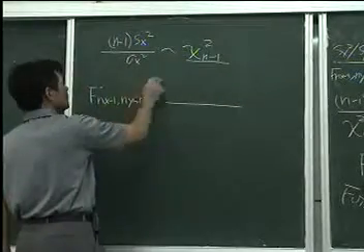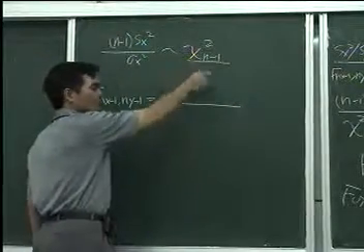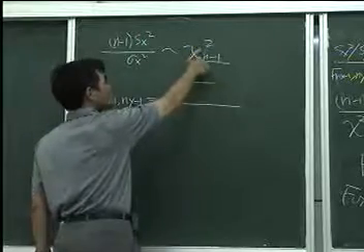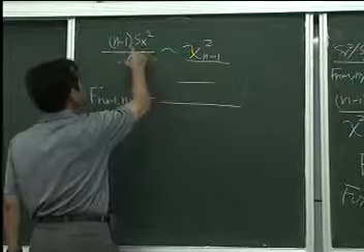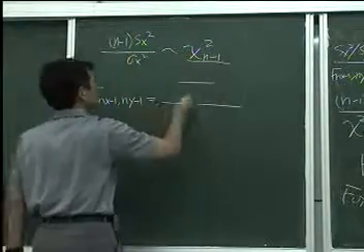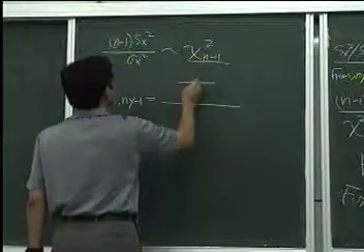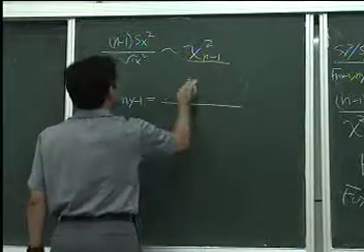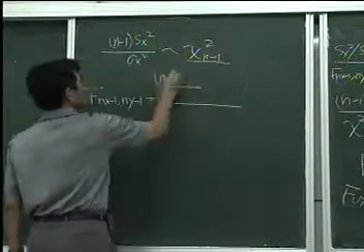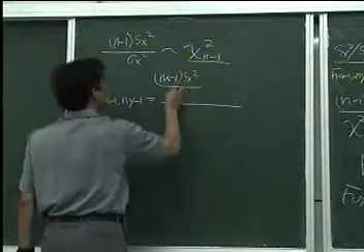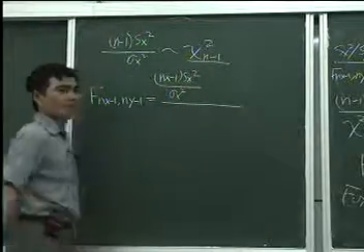So the numerator should be a chi-square distribution with n_x minus 1. Let me put it this way: (n_x-1)S_x^2/sigma_x^2.